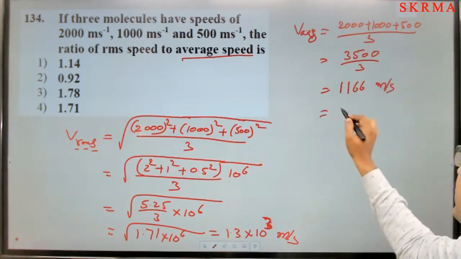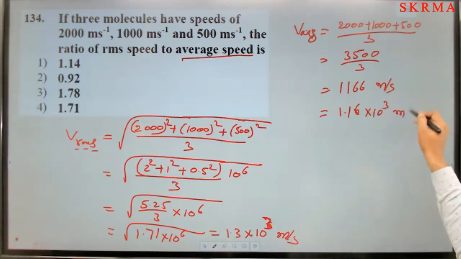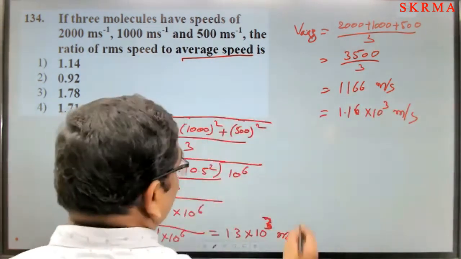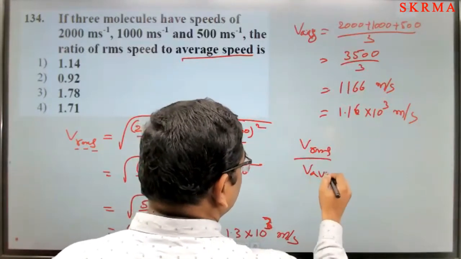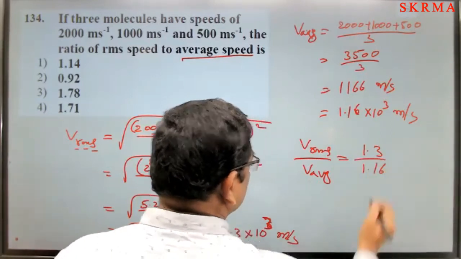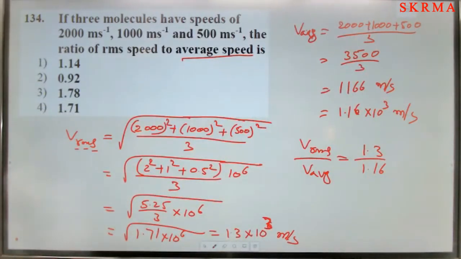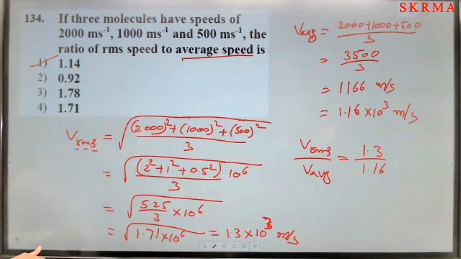Now in terms of 1.16 into 10 power 3 meter per second. Now take the ratio between these two. V_RMS by V average equals 1.3 by 1.16. That is more than 1. So go with the first option.